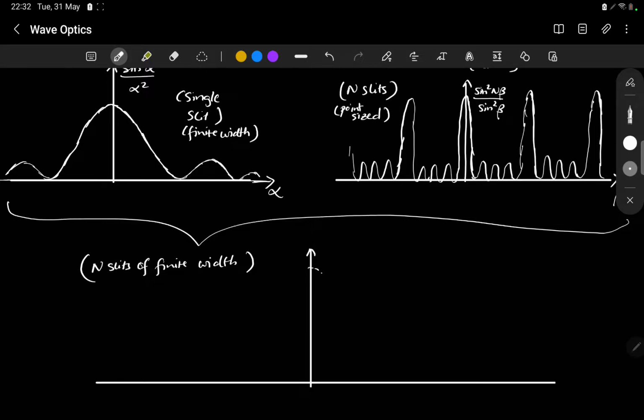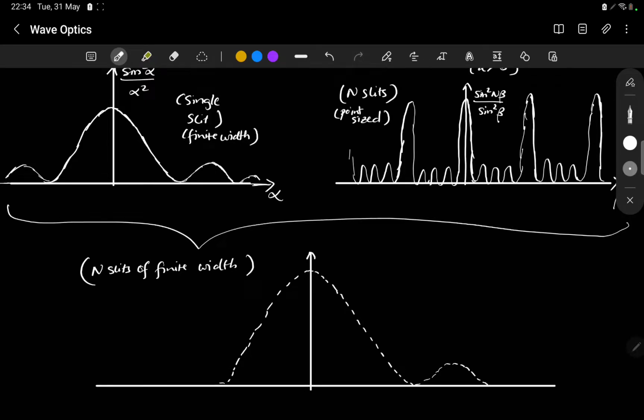So we will have the envelope of the single slit. This is the outline, the envelope for the single slit, and within this we will have the fringes of the n slit.